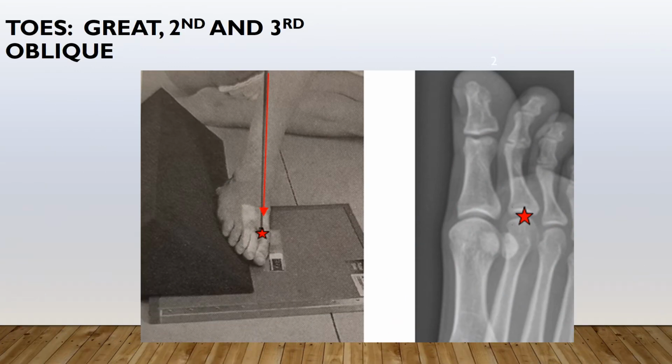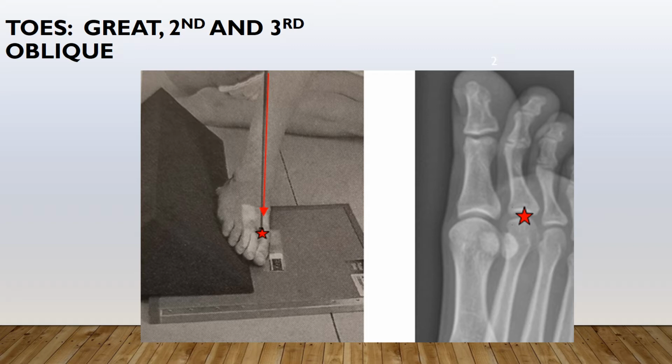Now, if we're going to position a patient for an oblique of the toe, the way that we position the patient will be different depending if it's the first 3 toes or the last 2 toes. So if I am x-raying a patient for a great toe, second toe, or third toe, I'm going to turn the patient medial. I'm going to have the patient supine or seated on the table.